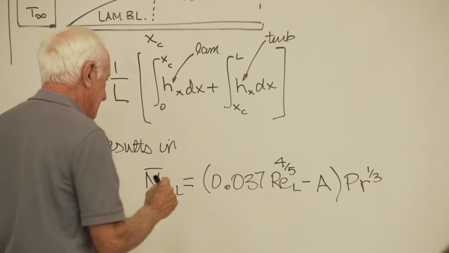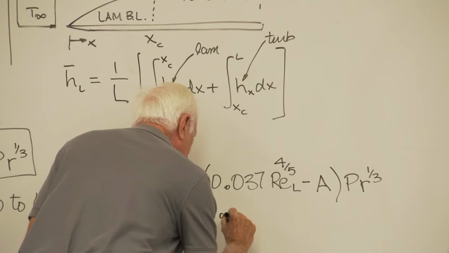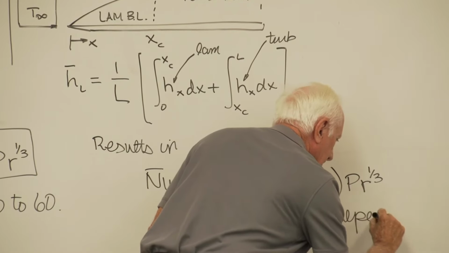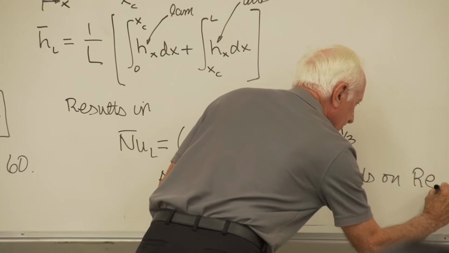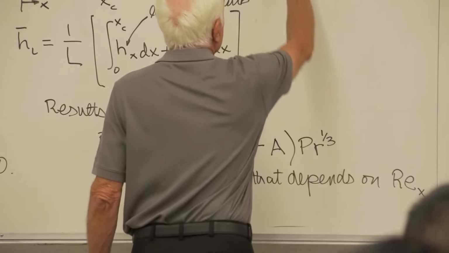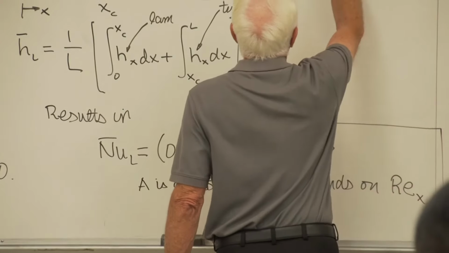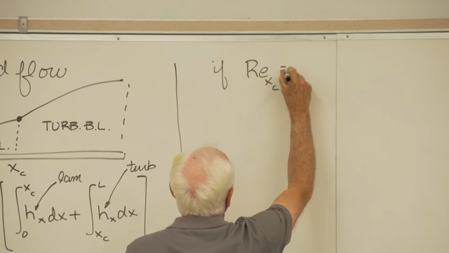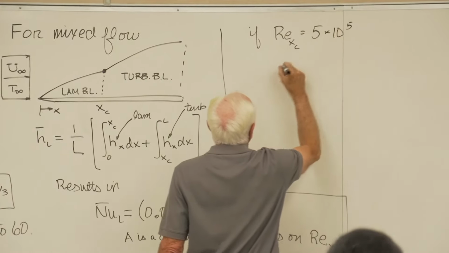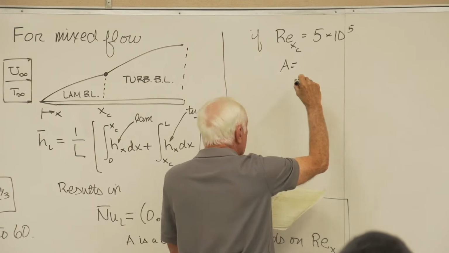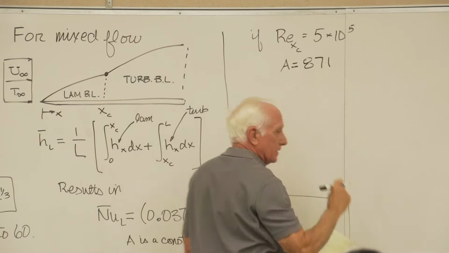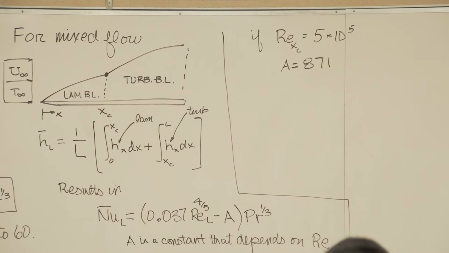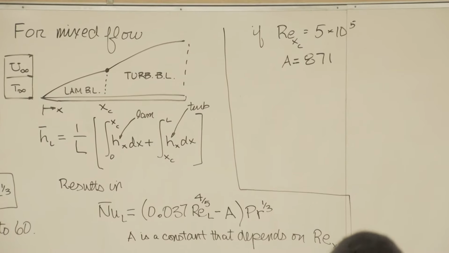Now, that A, he says, is a constant. What he's saying is that constant A depends on what the critical Reynolds number is for transition from laminar to turbulent.